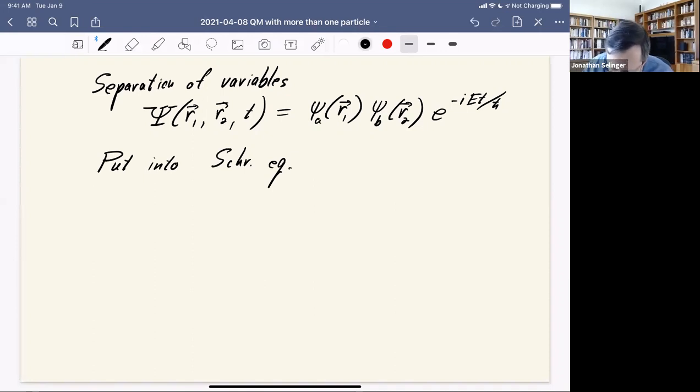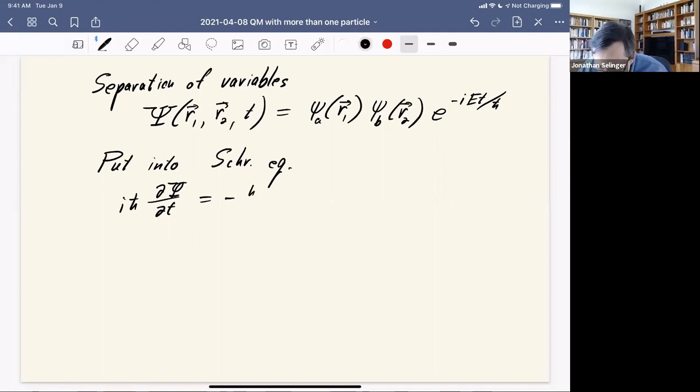All right. So Schrodinger's equation is i h bar d psi dt is the Hamiltonian.